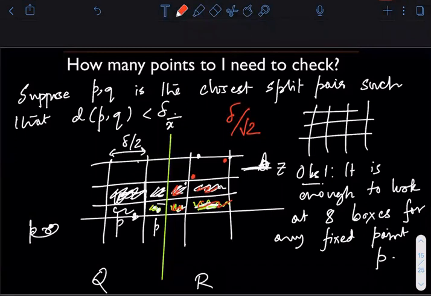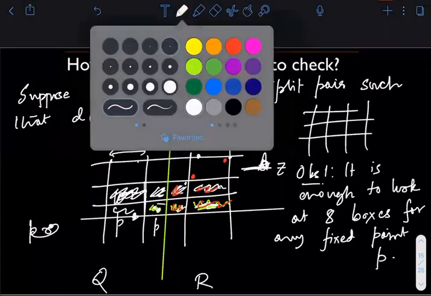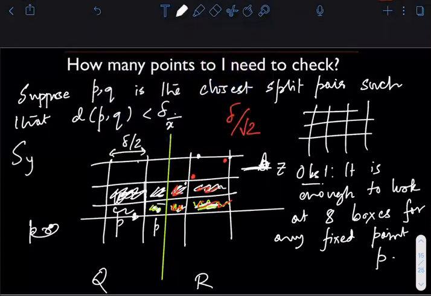Exactly. So here is where I think there was a question right at the beginning of the lecture. Why do we need this sorted list QY and RY? So this is the answer to that question. Now we are going to use those lists. Suppose that SY is the sorted list. S is all the points that are lying in this thin strip, and SY is the sorted list.